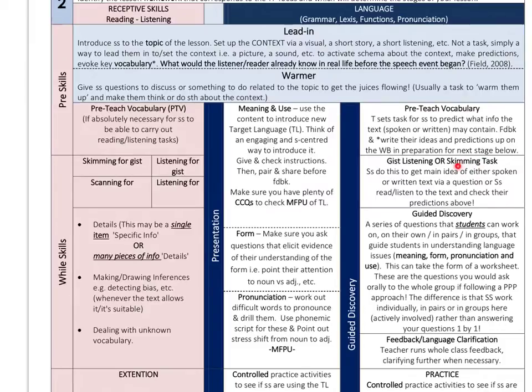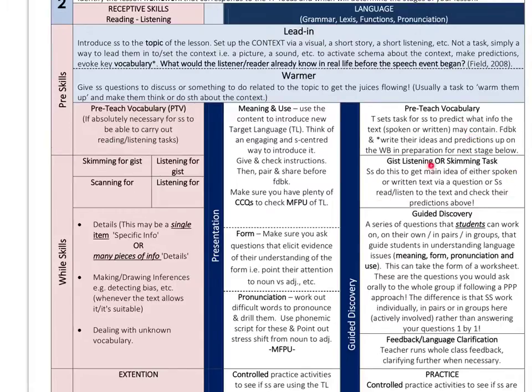Because then this gives them a purpose for listening or reading. You can now say, okay, now to get the main idea of the reading or the listening text, I'm going to give you a very short or limited time, one or two minutes, depending on how long the text is, to read very quickly or to listen to the text and check if your predictions here were correct.